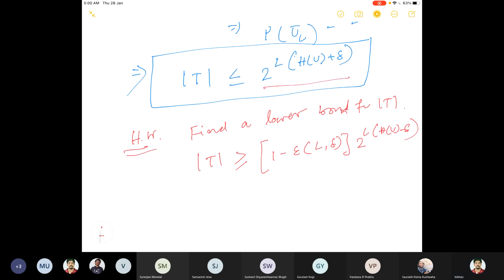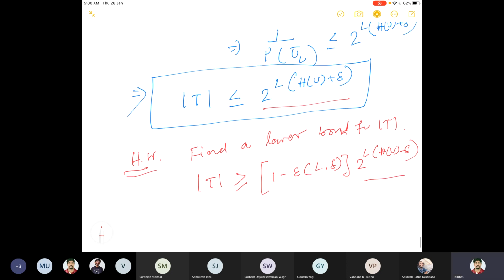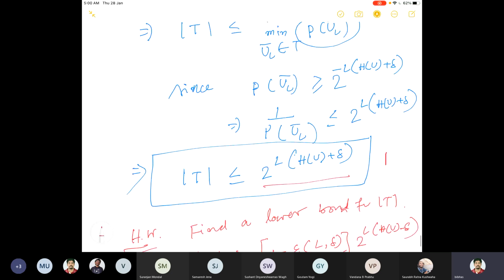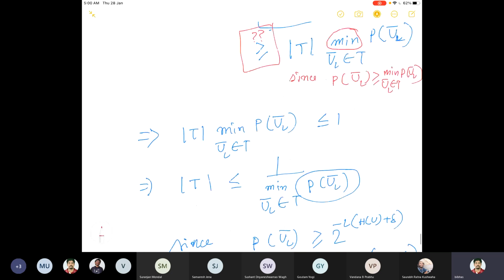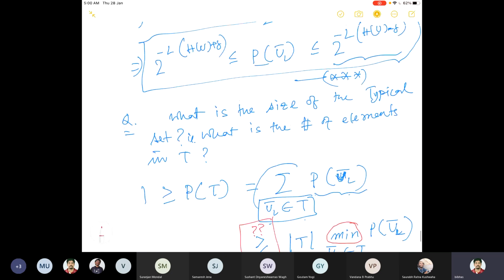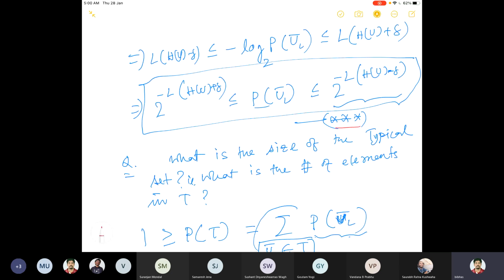And not only that, the probability of each sequence in the typical set is bounded above and below by equation 3 star. So here u_L bar in T, the typical set, is lying between these two.